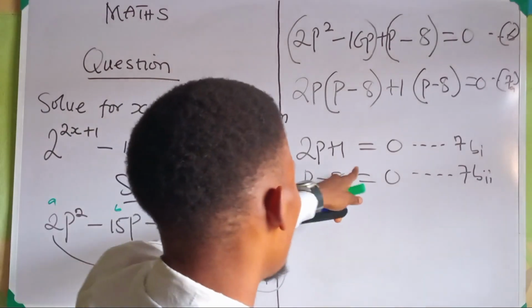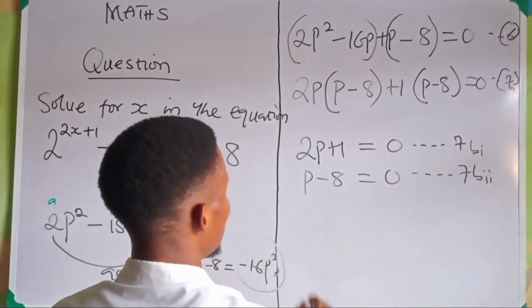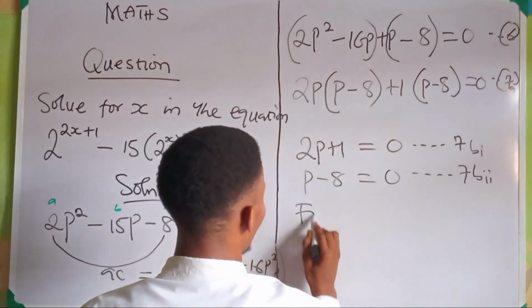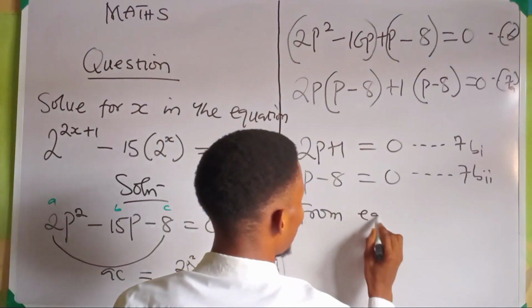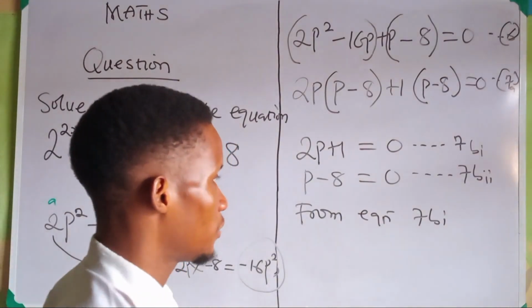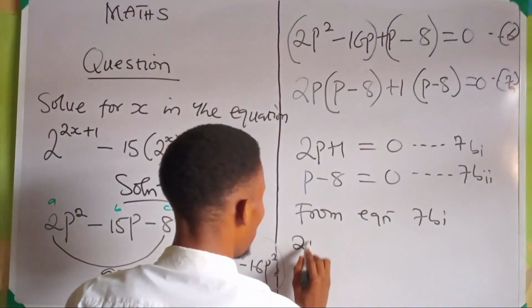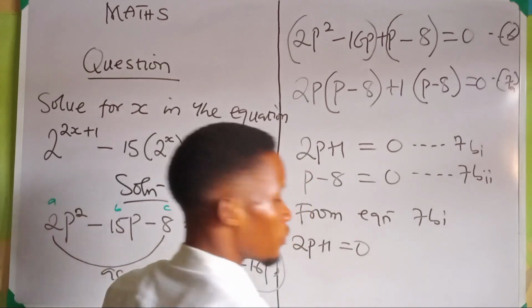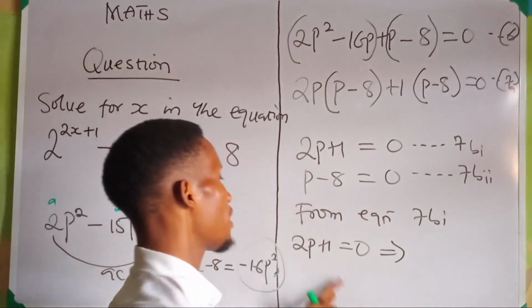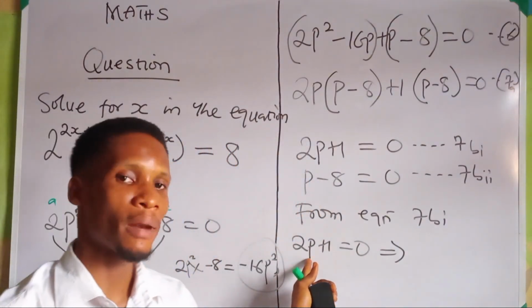If you look at that now, it's either from equation 7bi, we can have that 2p plus 1 is equal to 0, which implies now that we make p the subject of the formula.